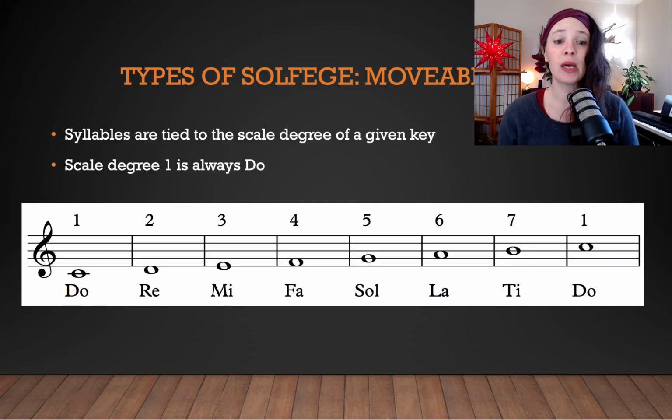So in C major, C is do. In F major, F is do. In B major, B is do. Okay, so the first scale degree is always do. The second scale degree is always re, mi, fa, sol, la, ti, do. And this is in major. We're going to get a slight variation in minor.